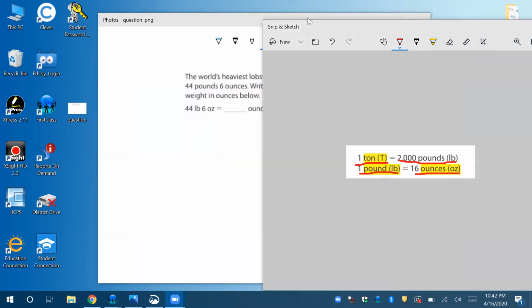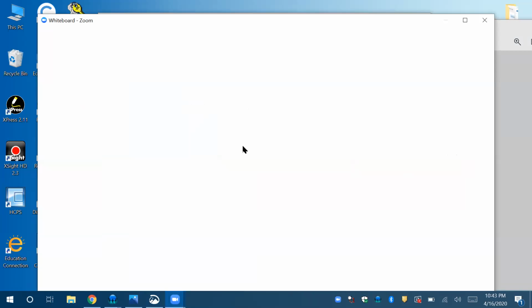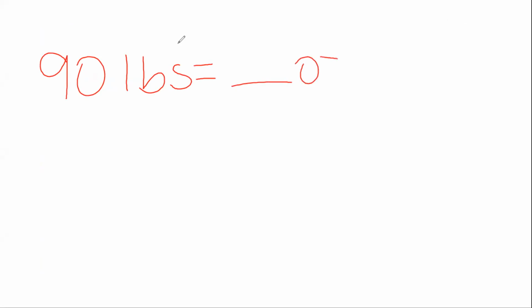I'm going to get a whiteboard out. Okay, so what I'm going to want to do is figure out 90 pounds is equal to how many ounces?